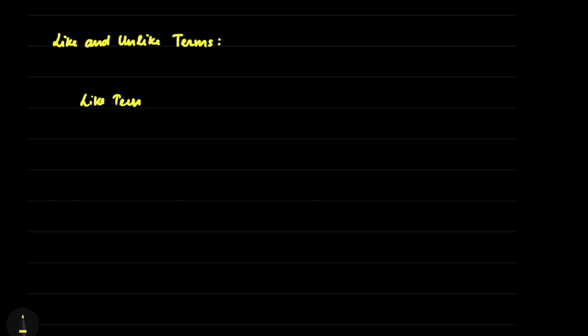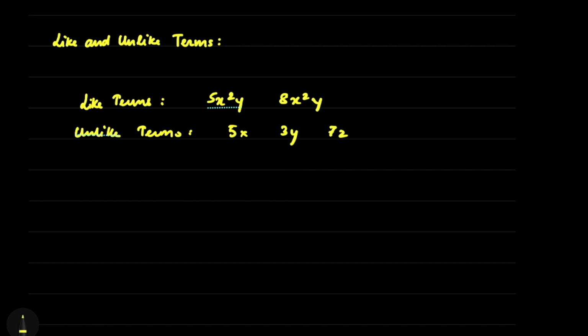Like terms would be something like 5x square y and 8x square y. For unlike terms, something that does not resemble the same would be, say, 5x, 3y, or 7z, 5x squared y. All these are unlike terms because the literals in all of these are different.